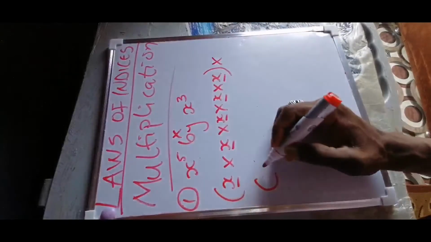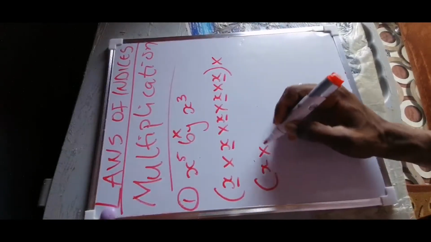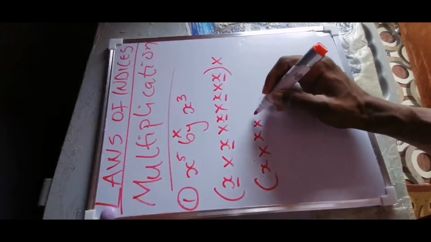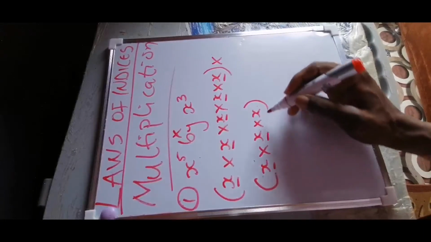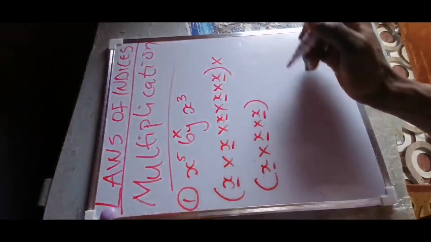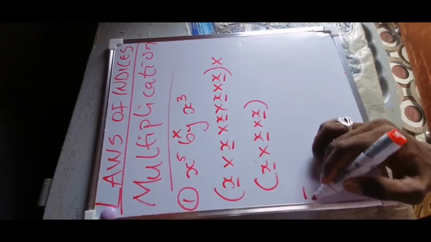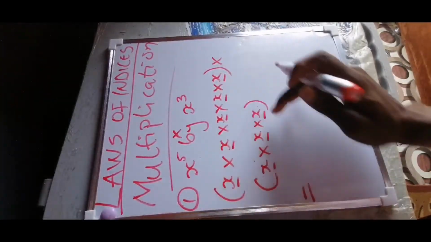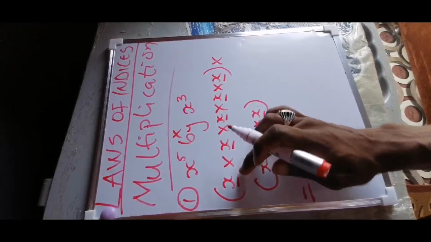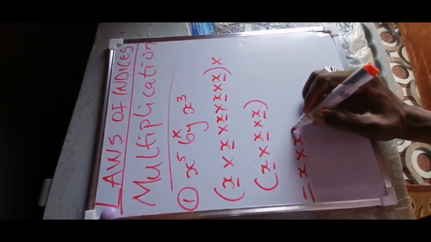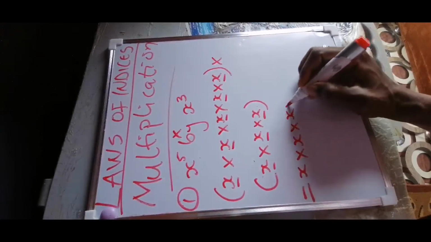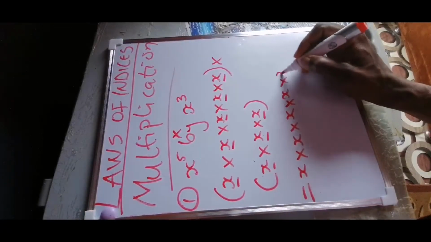Here we have 3 x's: x times x times the last x. So for our answer, we are going to expand our brackets. Here we have 5 x's: x times x times x times x times x.